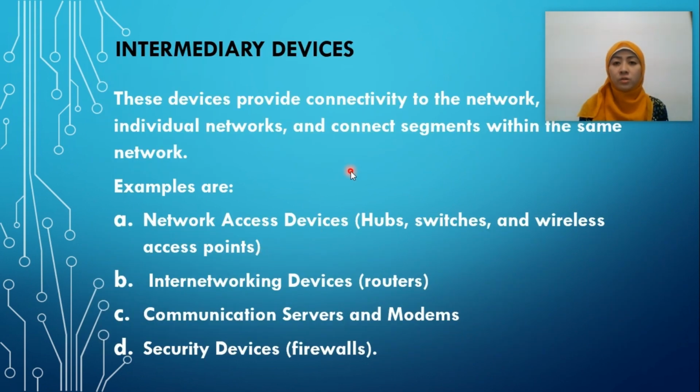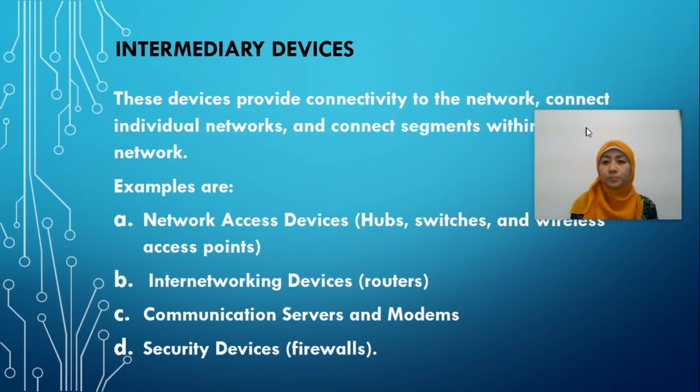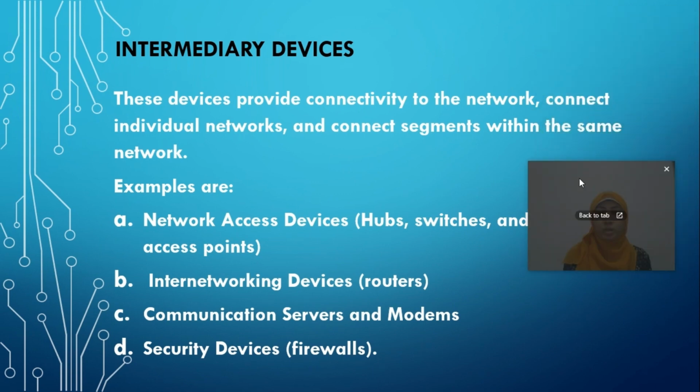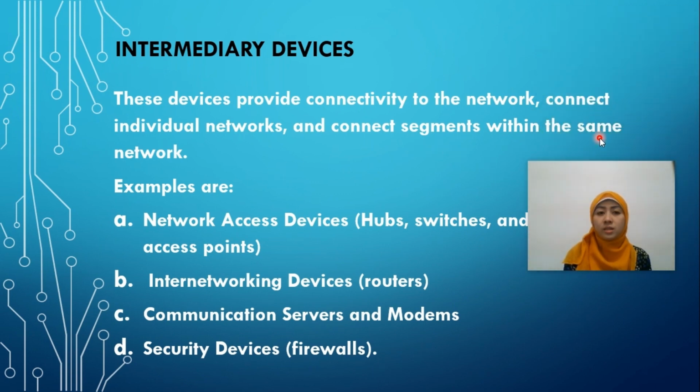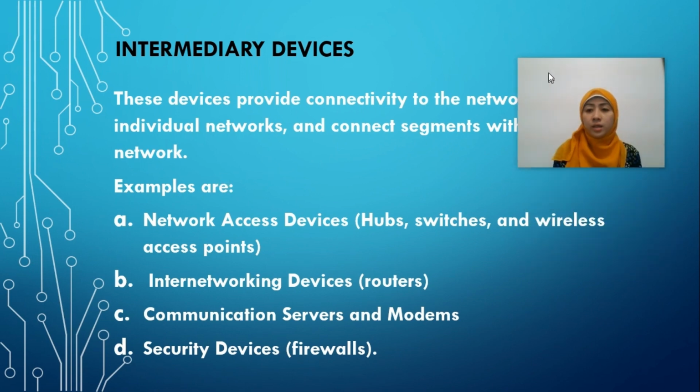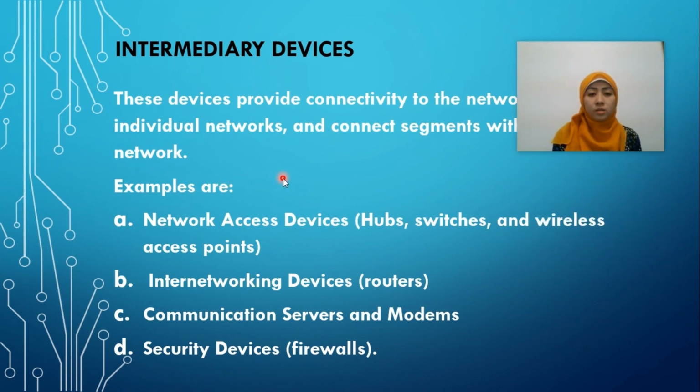These devices provide connectivity to the network, connect individual networks, and connect segments within the same network. Samples of these are network access devices such as hubs, switches, and wireless access points, internetworking devices such as routers, communication servers and modems, and security devices such as firewalls.